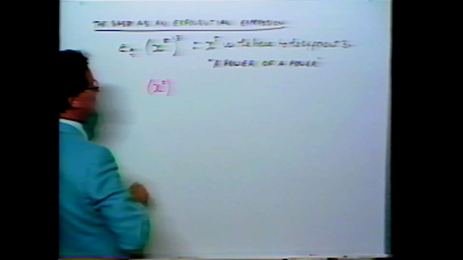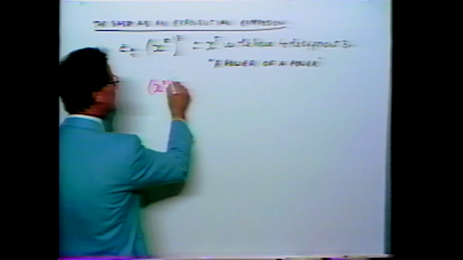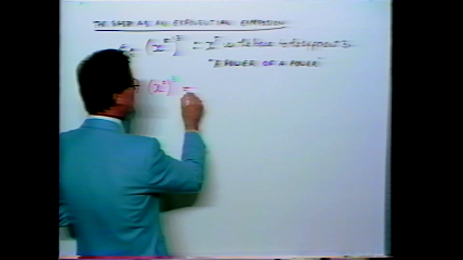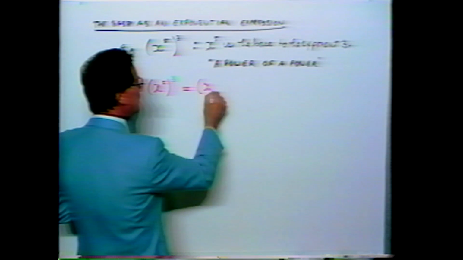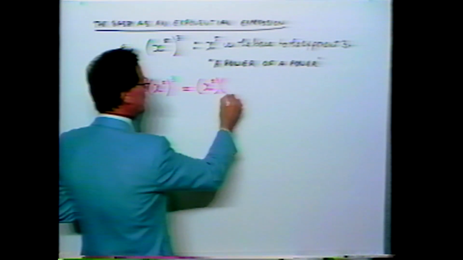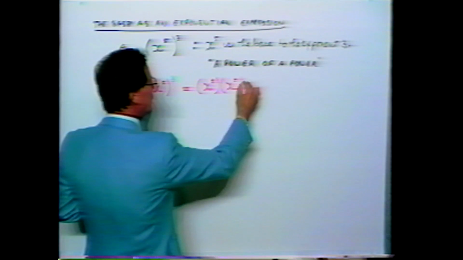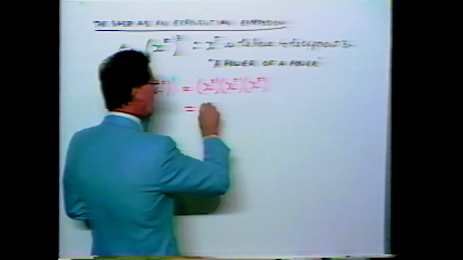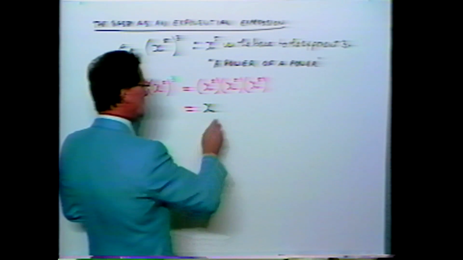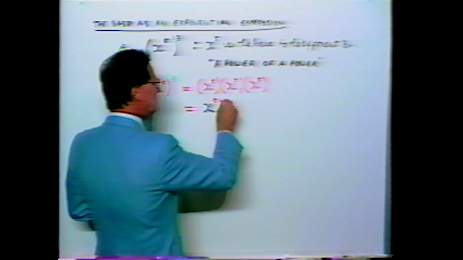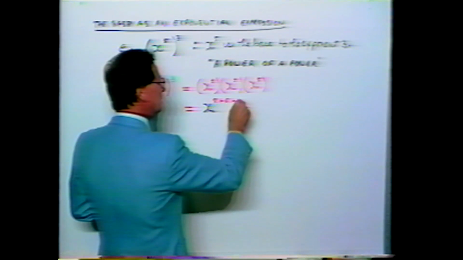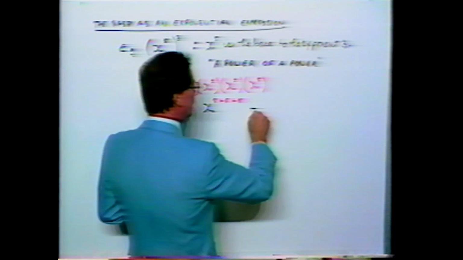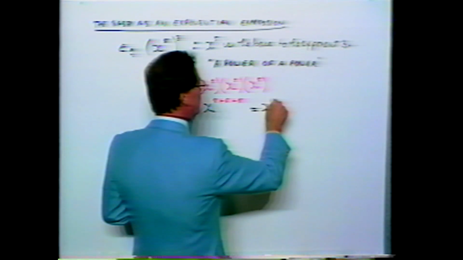The meaning of this composite expression can be explained by going back to basics. X to the 5th raised to the exponent 3 is equal to x to the 5th multiplied by x to the 5th multiplied by x to the 5th, 3 times. That is x to the 5 plus 5 plus 5, which simplifies to x to the 15th.